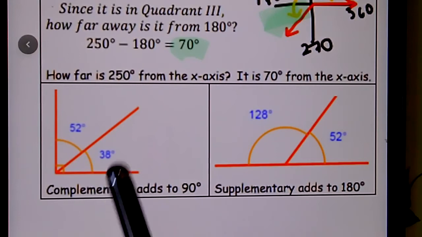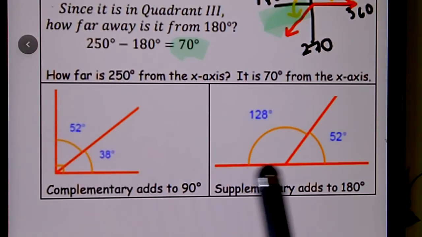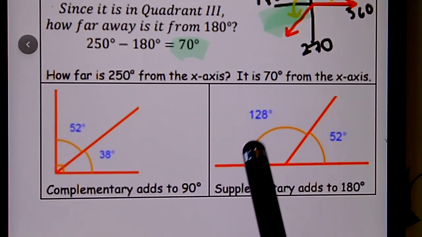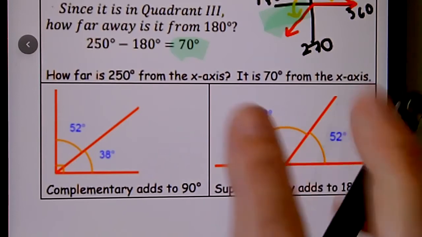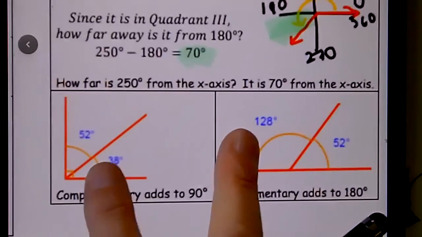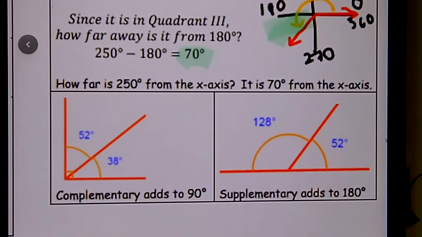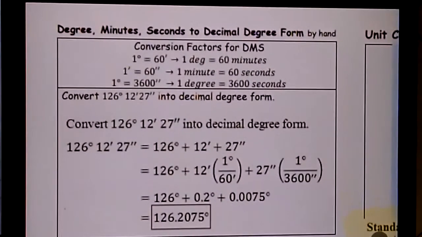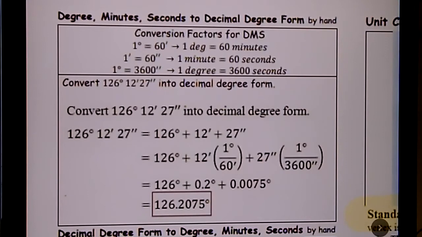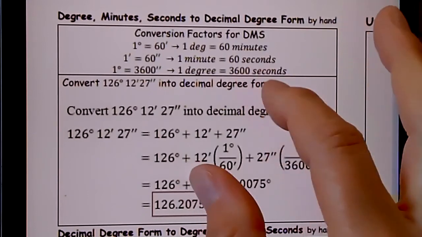Complementary angles add to 90 degrees. Supplementary angles add to 180 degrees, okay? We're going to have some questions about that on the last page of this, and then we're going to try some examples, okay?